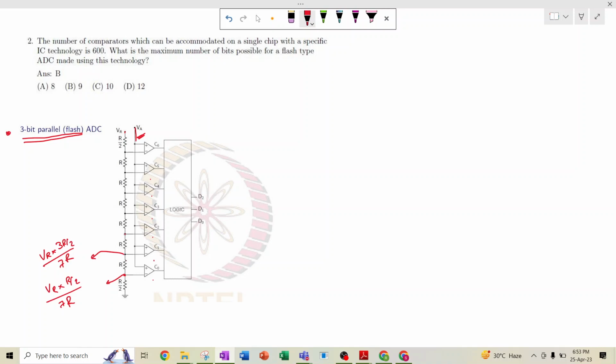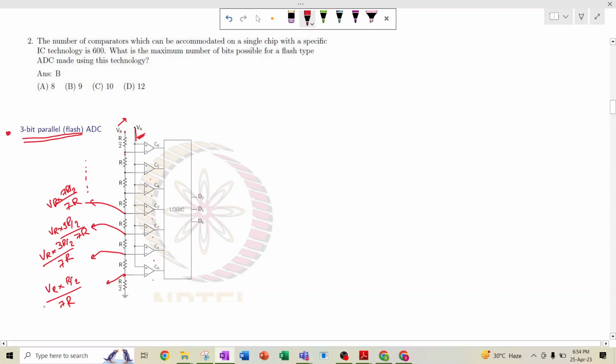Then it will be VR into 5R by 2 divided by 7R, then VR into 7R by 2 divided by 7R. Like this it will happen. So you can see that this voltage is the minimum voltage and this voltage is the maximum voltage among all these voltages. For the first one, R cancels out, so it will be VR divided by 14.